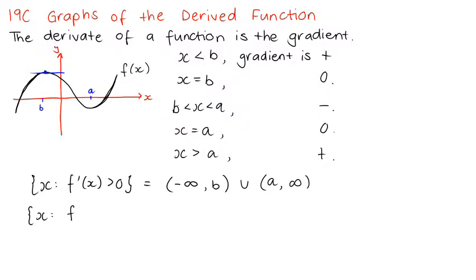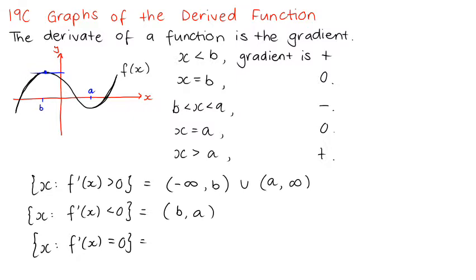When the gradient, or f dash x, is less than 0, that means our gradient is negative. We know the gradient is negative between b and a, so our interval notation is b comma a. And when the gradient f dash x equals 0, we've got x equals b and x equals a.